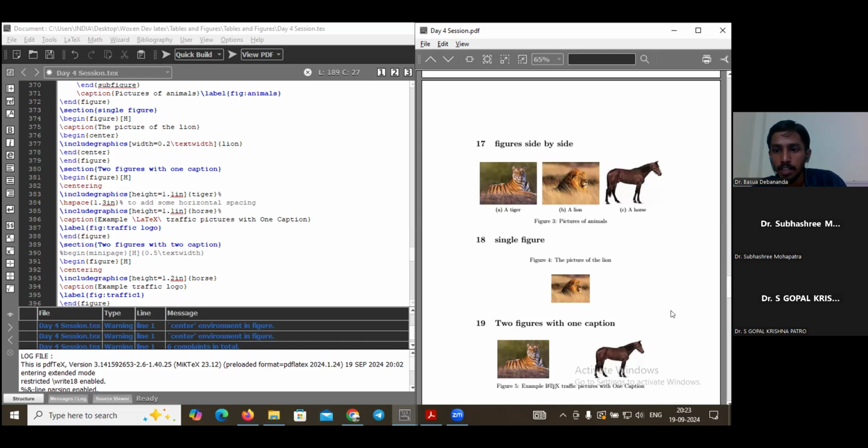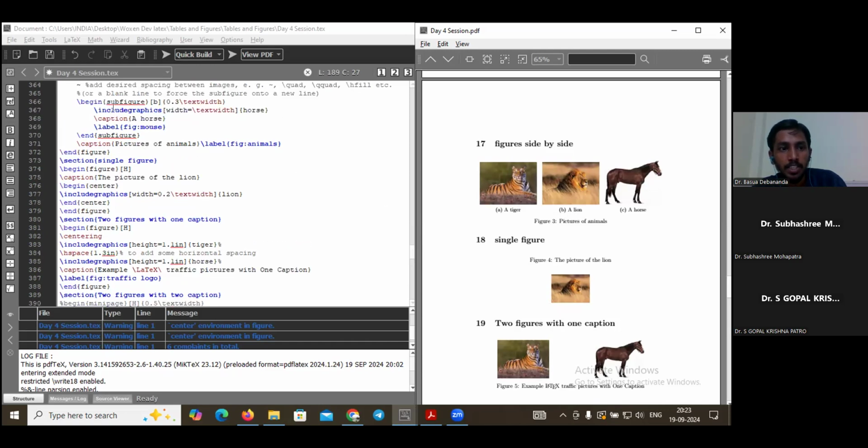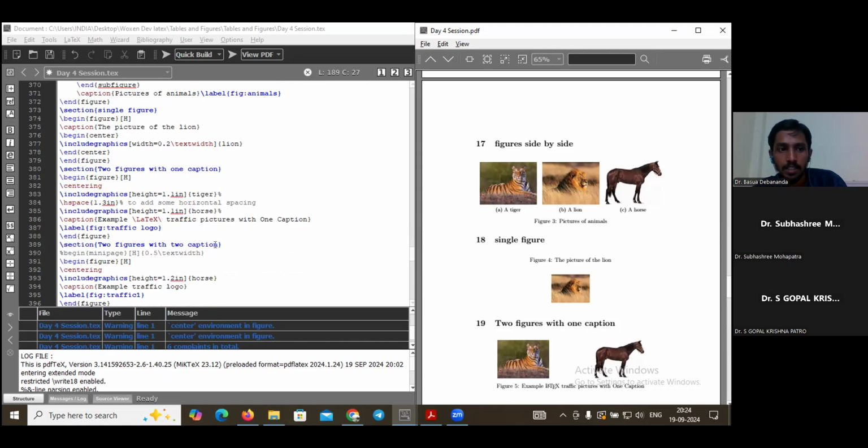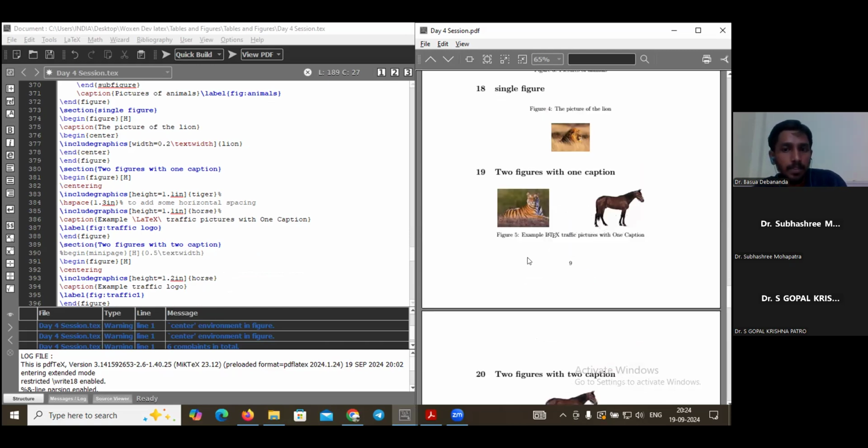You are asking this one, right? Yes, figure 3 is bottom placed and figure 4 caption is on top. Here I have written this one after completion of all the figures, last. That's why it is at the bottom of the figure. Here I have mentioned \caption at the beginning only. That's why it is on top. So wherever we write the caption, at that position it will be. Yes. According to your convenience, you can write. Okay.